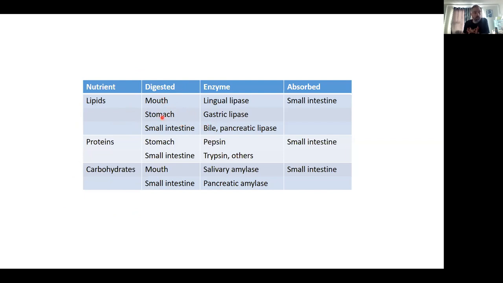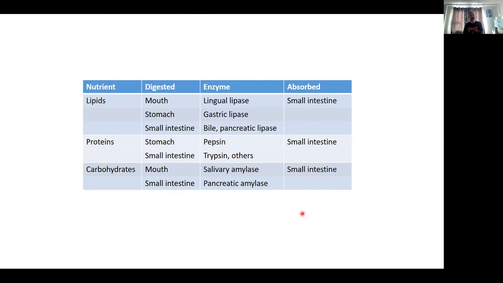And the enzyme responsible for each of these things: lingual lipase, gastric lipase, bile, and pancreatic lipases. All absorption happens in the small intestine. For proteins, it's just the stomach and the small intestine via pepsin or trypsin, but again, absorption only in the small intestine. Carbs are broken down in the mouth by salivary amylases, and in the small intestine by pancreatic amylases, again, absorbed only in the small intestine.